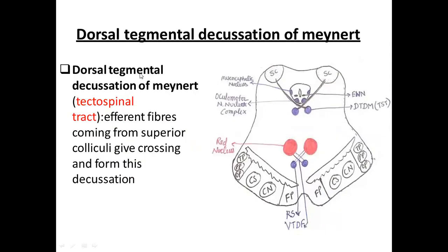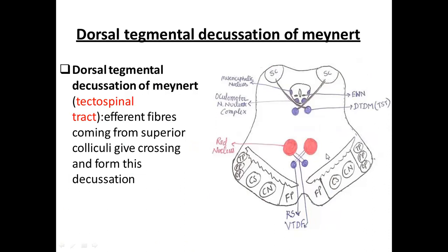I told you that there is a dorsal tegmental decussation of Meynert. Remember that this is present in the white matter of the midbrain at the level of superior colliculus.